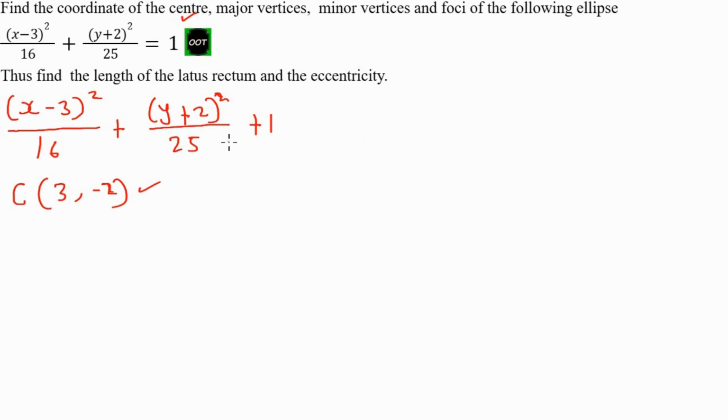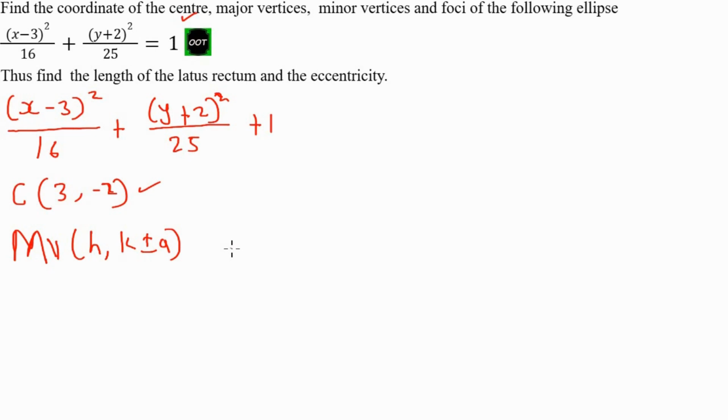Now we need the major vertices, MV. Remember, it's not at the center, so it will not be 0 plus or minus a. It should be h, k plus or minus a. This is how it's expected to be expressed.